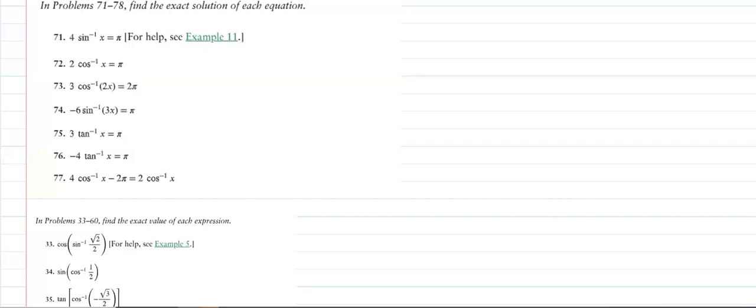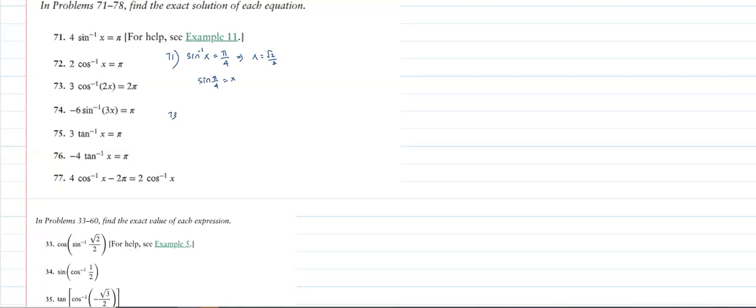So I'm going to take a minute to rewrite my question as sine inverse of x is pi over 4. So what I did is I divided both sides by 4. Then I can write the answer x is equal to root 2 over 2 because sine pi over 4 is x, which means x is root 2 over 2.